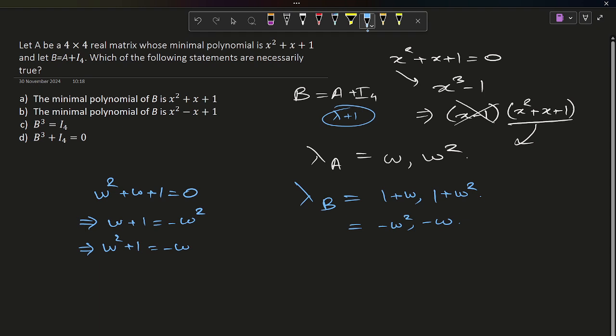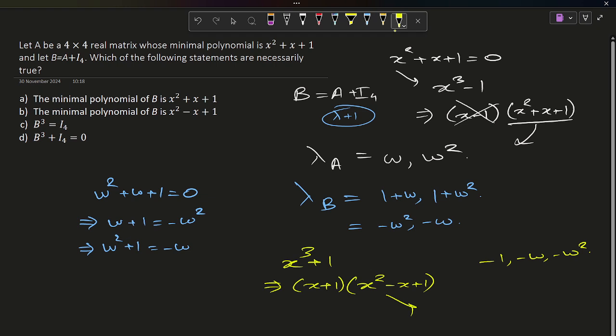Now we can find the minimal polynomial of B. Taking the cube root of minus 1, one root will be minus 1, and the other roots will be minus omega and minus omega square.